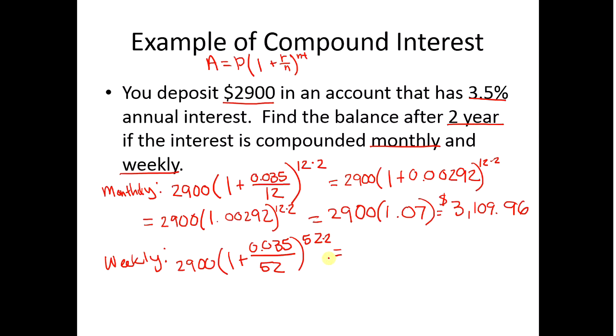This can go immediately into the calculator. However, be very careful. Make sure you use parentheses galore so that everything is being taken to the right power and divided correctly. You should get approximately $3,110.20.